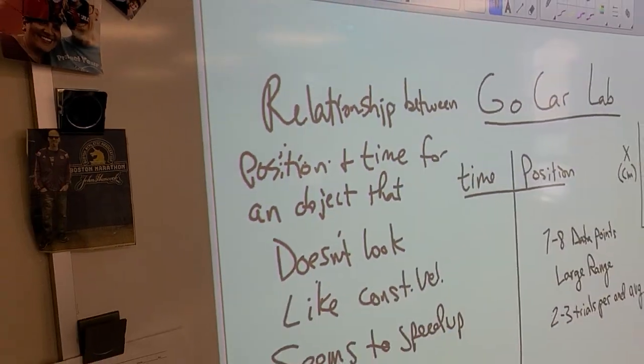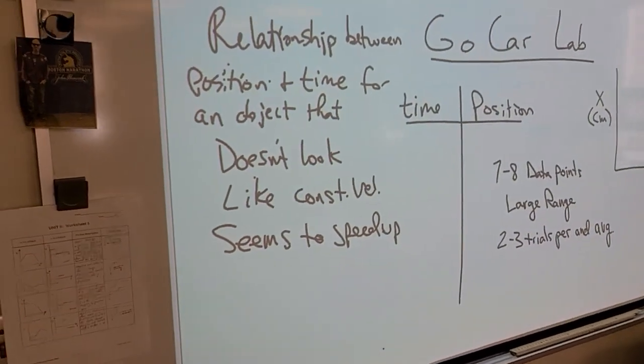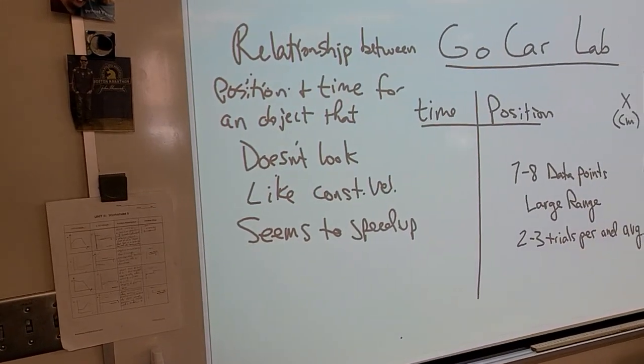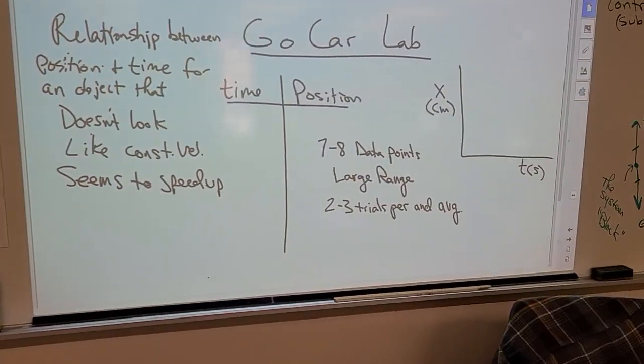So the relationship between position and time for an object that doesn't look like it's going at a constant velocity, that it seems to speed up. That's what we're looking at here.